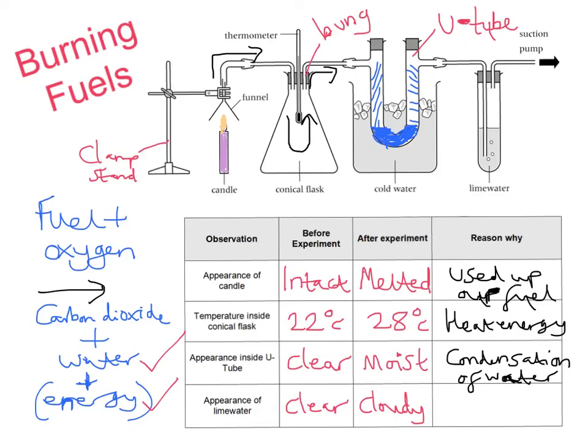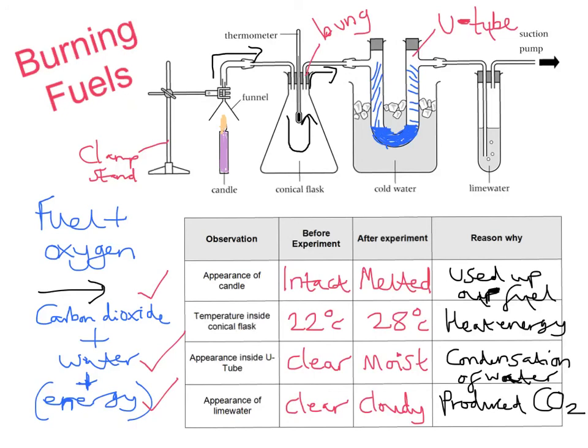And that would imply that water was produced and was condensing in this apparatus. So let's finally explain the lime water. The lime water goes cloudy, and lime water turning cloudy is the test for CO2, carbon dioxide. So we have produced CO2, which is carbon dioxide. That accounts for the carbon dioxide product that we've made.